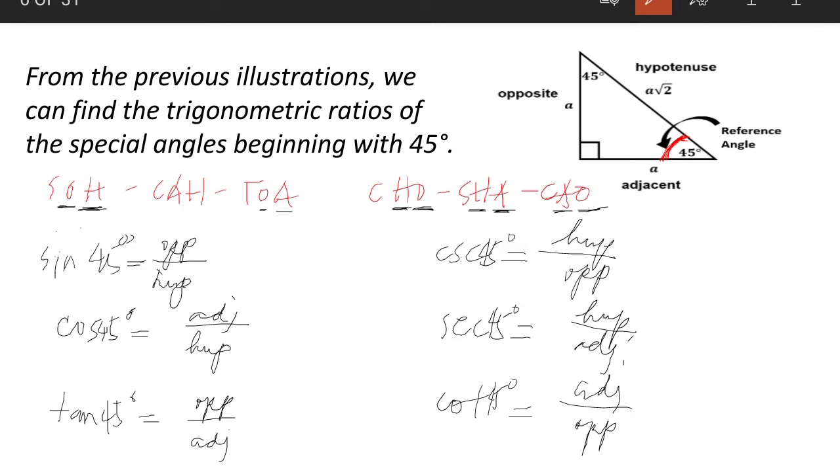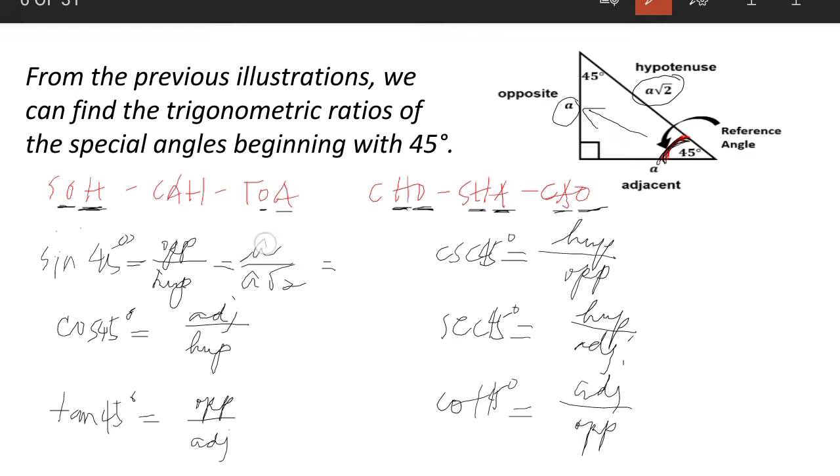So how will we get the trigonometric ratios of these functions? By looking at the reference angle, what is the opposite? The opposite is A. So we write A over the hypotenuse, which is A square root of 2. So sine 45 degrees is equal to A over A square root of 2. But we can still simplify this ratio.